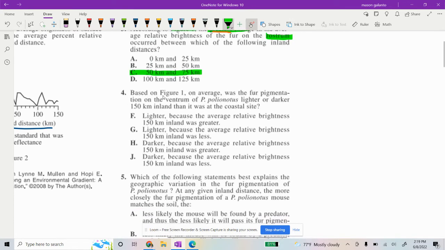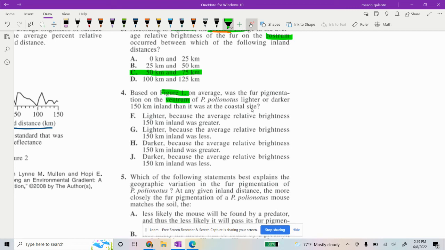Question 4. Based on figure 1, on average, was the fur pigmentation of the ventrum of our mouse lighter or darker 150 kilometers inland than it was at the coastal site? So before I even look at this, I'm still looking at ventrum.